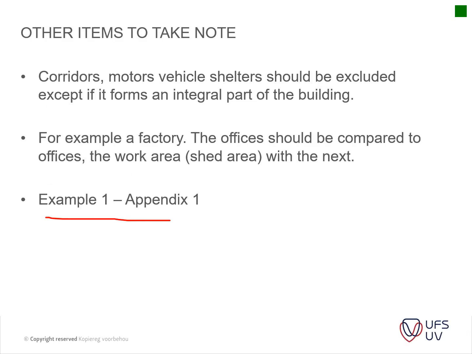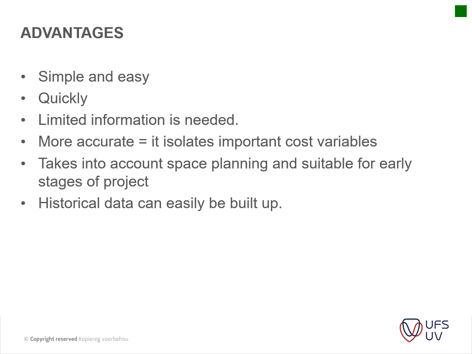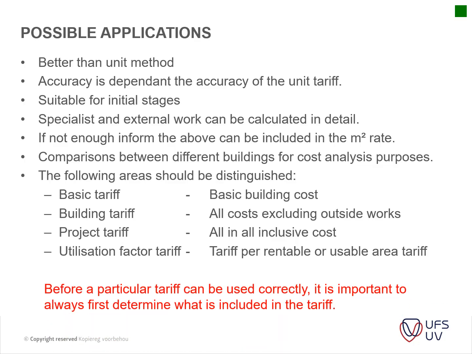So again, you can go through your example 1 of appendix 1. Here's just the calculation, same building, calculated the area to get a rate, and then the cost of your new building. You just take the area and times it with your rate to get the new estimated basic cost. Okay, so the advantages again is theory. I'm just going to run through this.